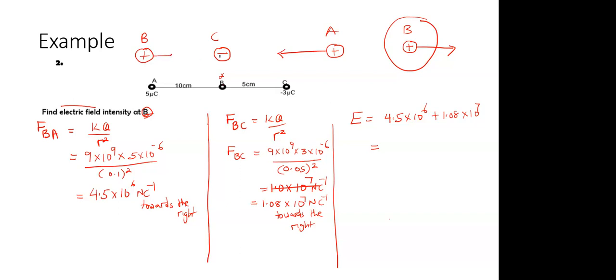Towards B. So they are going to act like that, not so? They are going to pull each other. Now, since we want electric field intensity at point what? B. So you look at the direction of that arrow. So which direction is it facing? Towards the right. So that's where it is coming from. Oh, thank you, teacher.